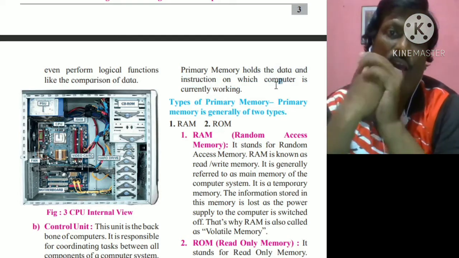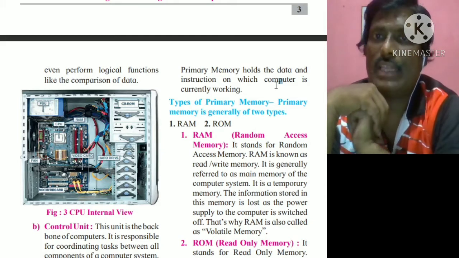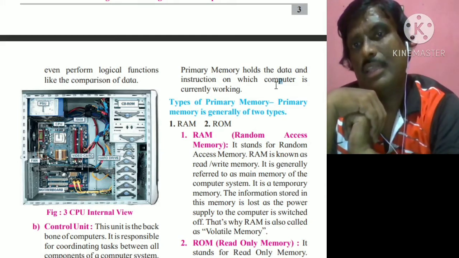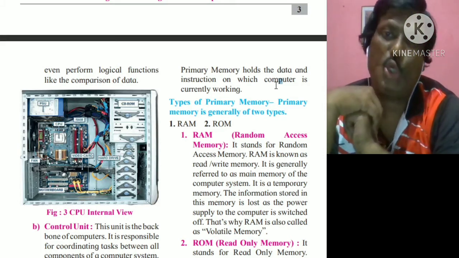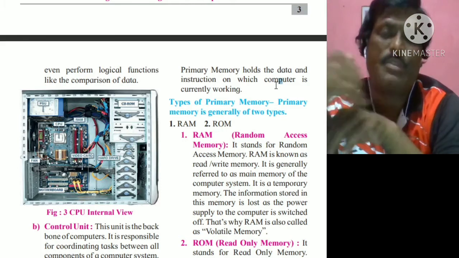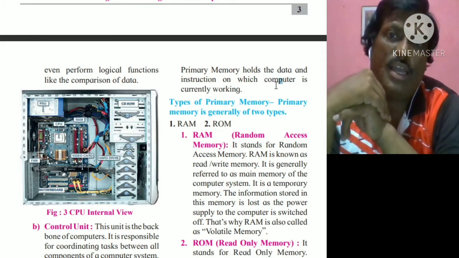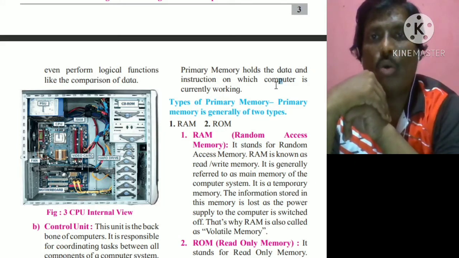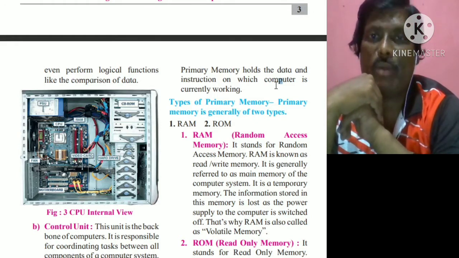Whenever any user enters data to the computer, that data is given with the help of input unit, and when it comes for processing, that data is held in primary memory.